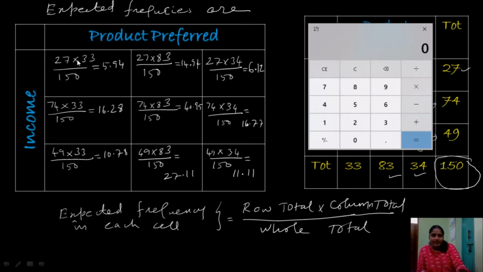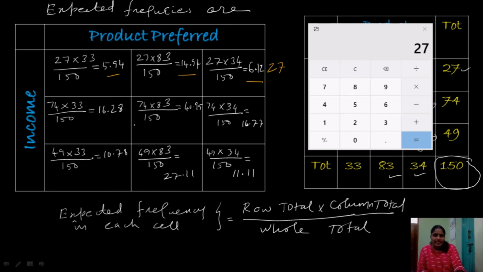So for that, let me first add the expected frequencies row wise. 5.94 plus 14.94 plus 6.12, I get the total as 27. Look at this total with the observed frequencies row total, both of them coincide, isn't it?